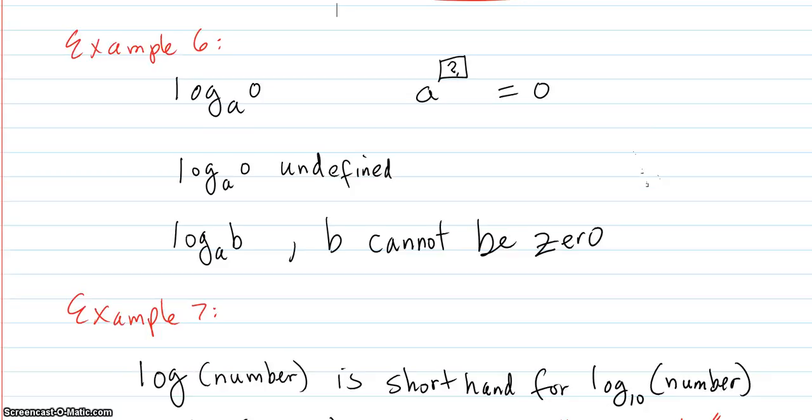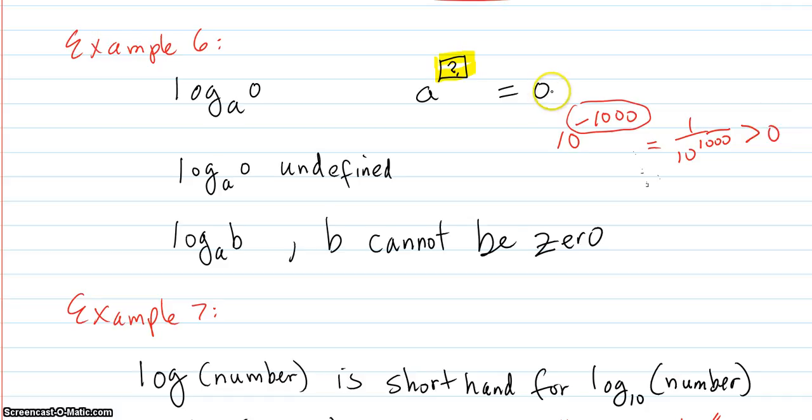Example 6. Log base a, any base, of 0. So a raised to a number has to turn out to be 0. Again, there is no such number. Even if you have something like 10 to the negative 1,000, you try for a real big exponent, that's still 1 over 10 to the 1,000, which is getting very small, but it's still positive.